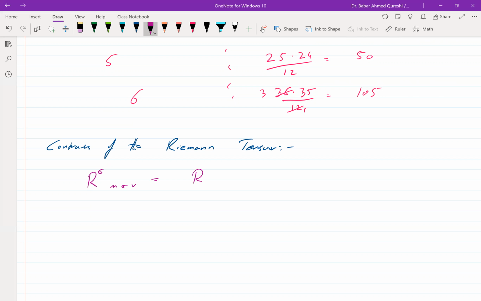If you contract these, these contracted indices are gone. You will be left with a 0,2 tensor. And so this, you can also write it this way.